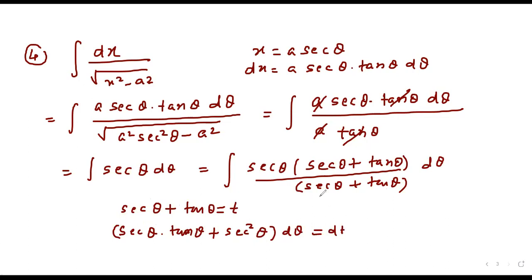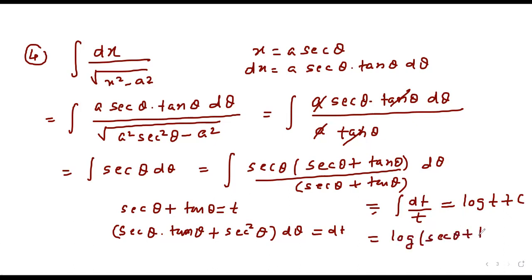And in the numerator, we have sec square theta plus sec theta tan theta. So it will be replaced by dt. So integration dt upon t, which will be log t plus c, where t equal to sec theta plus tan theta. So we have got log of sec theta plus tan theta plus c.